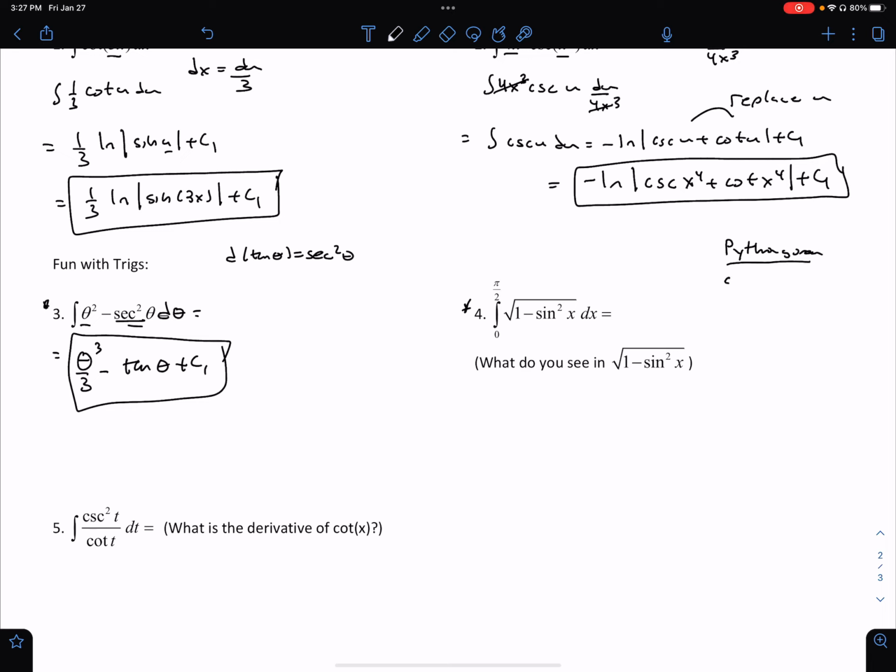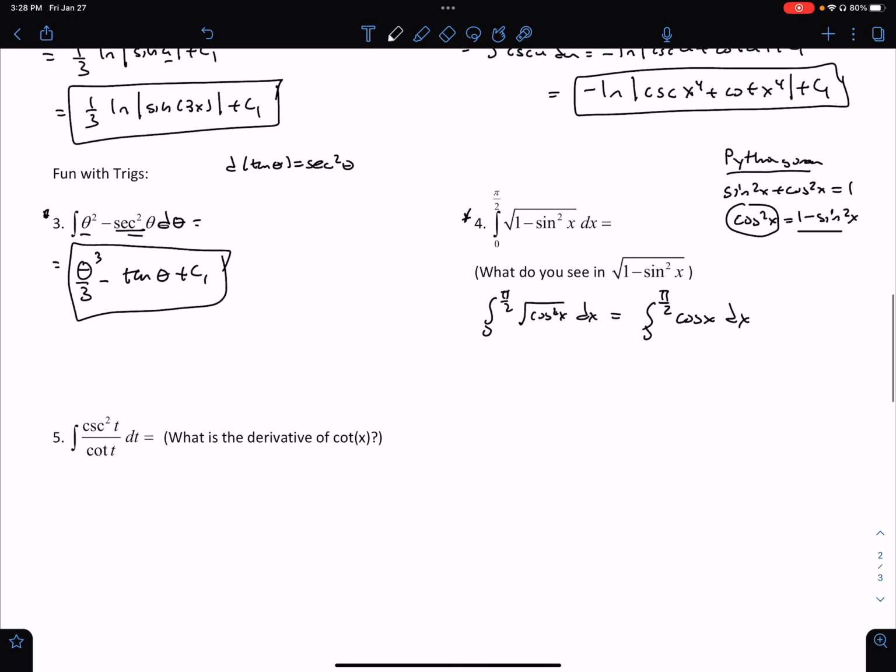In this case, I know that sine squared of x plus cosine squared of x is 1. So I could rewrite this by subtracting the sine squared, and I get 1 minus sine squared is cosine squared. And that means I could replace it. This becomes the square root of cosine squared of x dx.